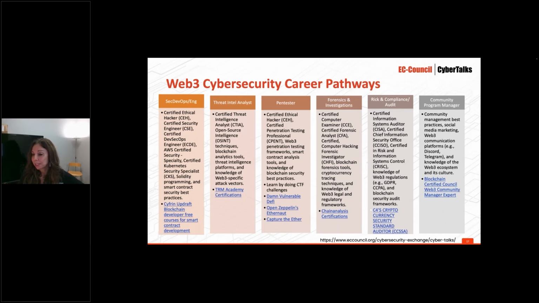I'm referencing the Blockchain Council Web3 Community Manager Expert course. It's really designed for those managing large communities, covering what you need to know to make it as safe as possible for your community, with a lot of awareness and focus on privacy and, of course, access controls.